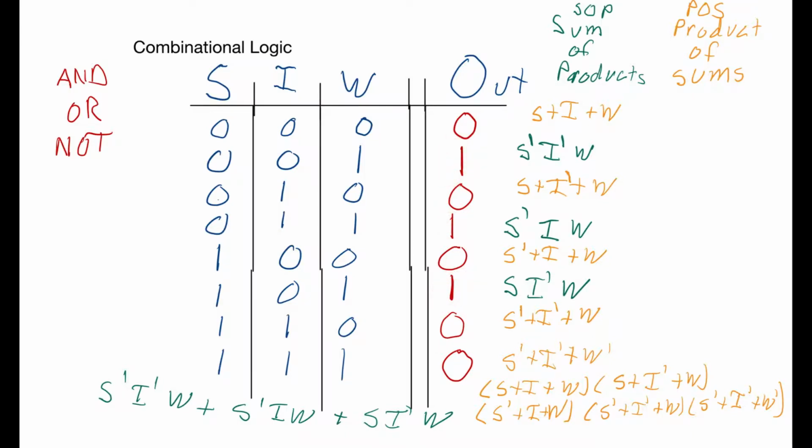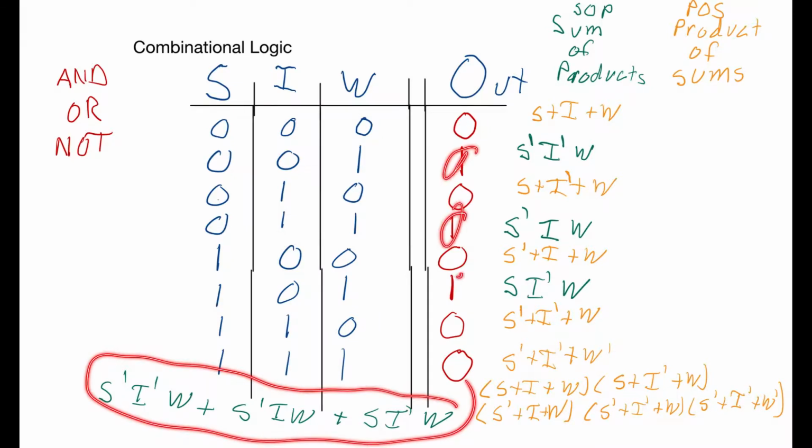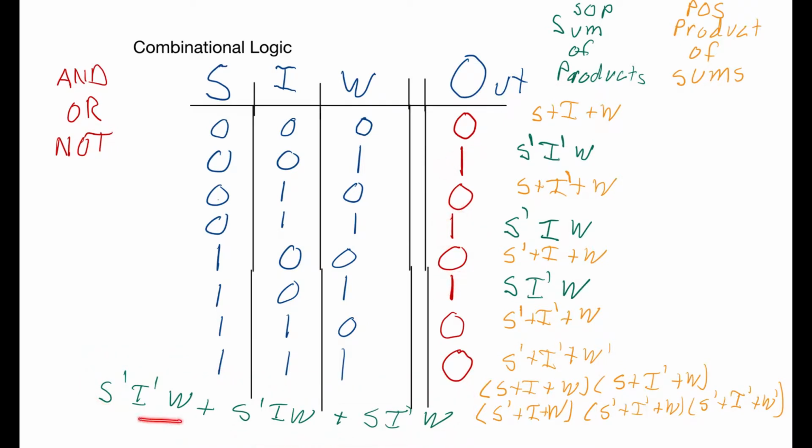And since there are only 3 ones, this is going to be a smaller equation. And there happen to be 5 zeros, so this is going to be a larger equation. So you might want to save yourself some work and choose the one that's going to be smaller. This one has 3 ones, so there's only going to be 3 products versus 5 sums.